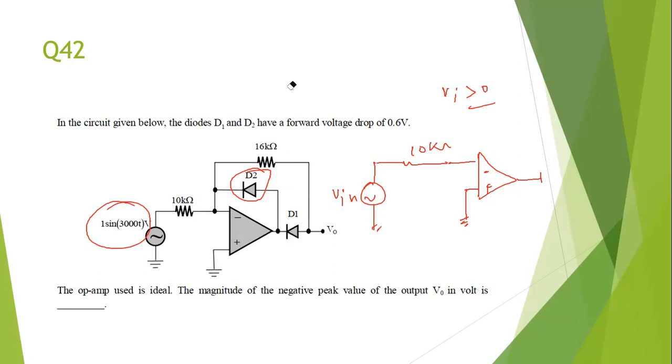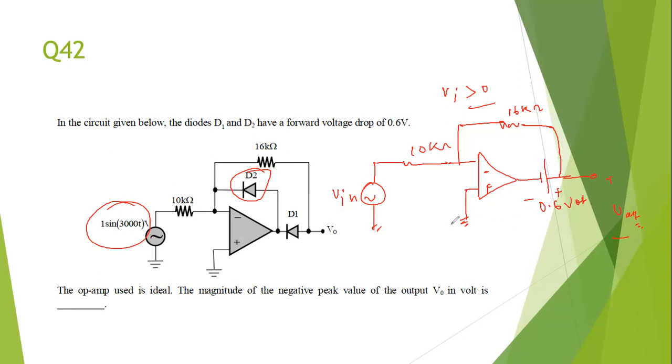Just remember this same, plus minus 0.6 volt, and 16 kilo ohm. And this is your output voltage V0. So what's the value of output voltage V0? And this V in equals 1. So what is the peak value of the output voltage V0?